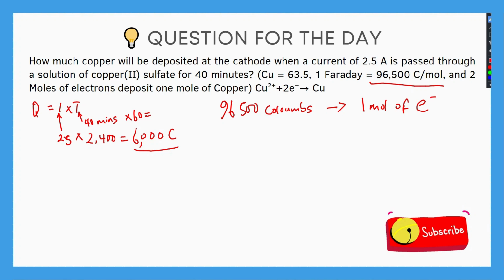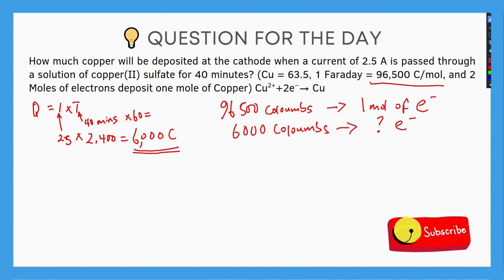We've calculated our charge to be 6,000 coulombs, so 6,000 coulombs will now move an unknown number of electrons. Did you see what I just did over here? At this point, we can cross multiply.